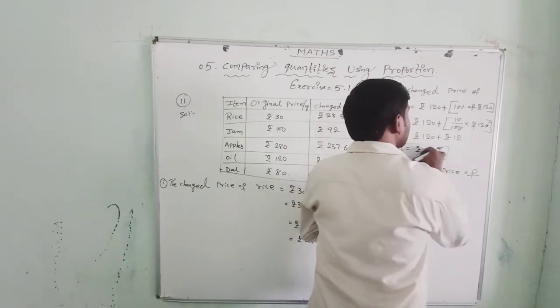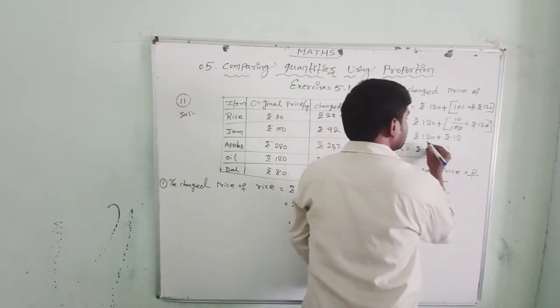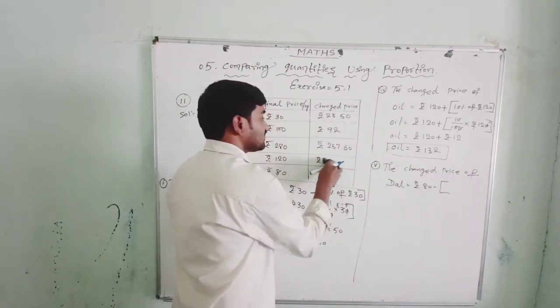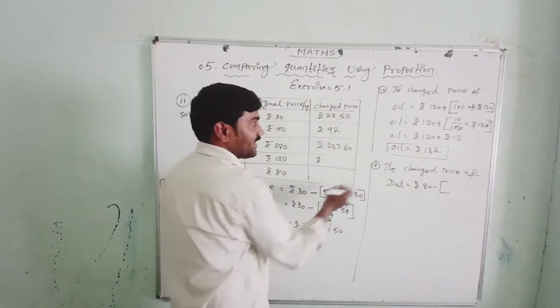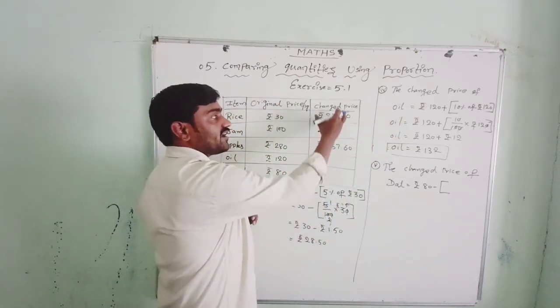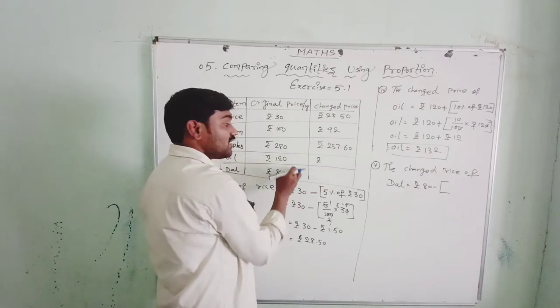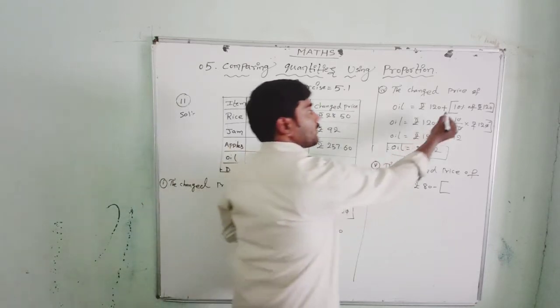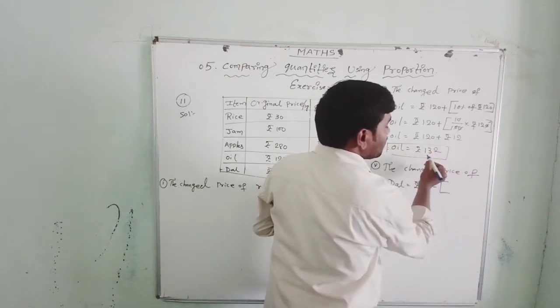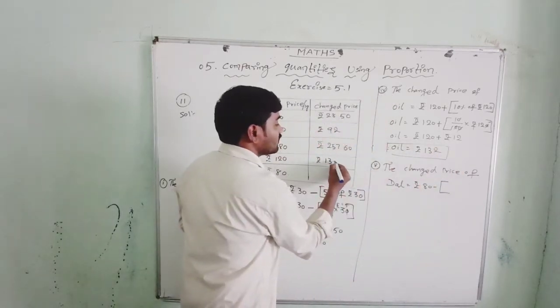Increased in the sense plus, we have to do it. Same thing but plus. That is 132 rupees you have to pay. These three are decreased, that's why minus. But these two are increased, so we have to do the plus. See the mistake I made. So 120 plus 12, 132. So she has to pay 132 rupees.